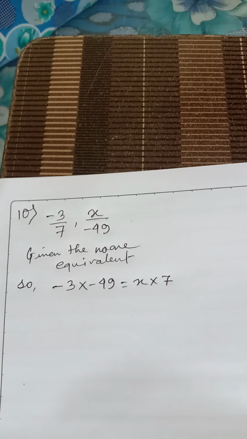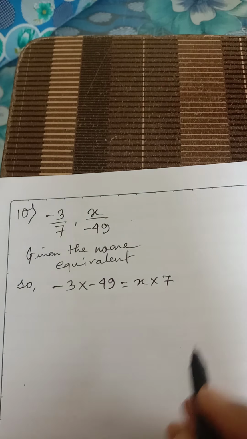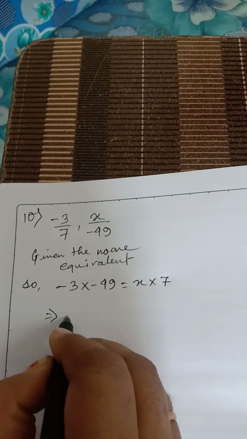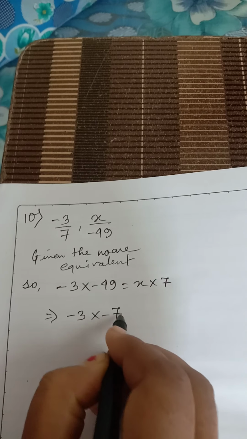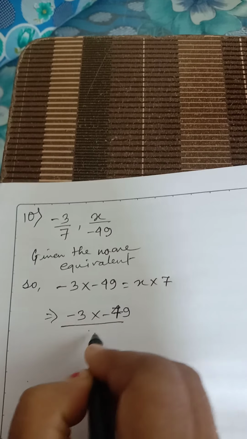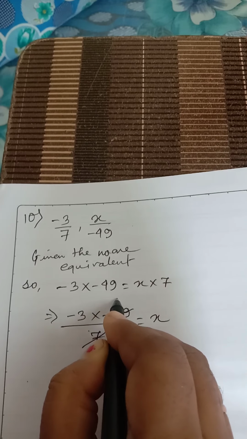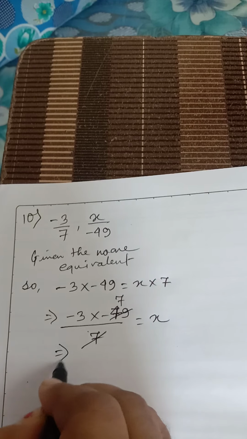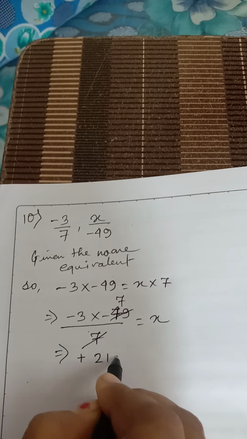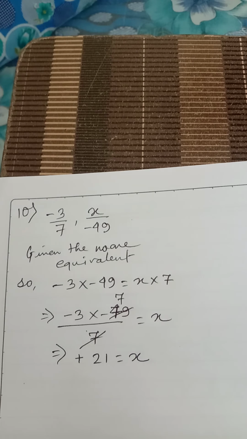Equivalent means the products of numerator and denominator will be equal. So we can write minus 3 into minus 49 divided by 7 is equal to x. 7 sevens are 49. So the value of x is minus minus plus 21, x is equal to 21. The value of x we got. Is it?